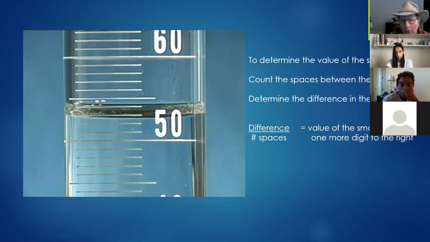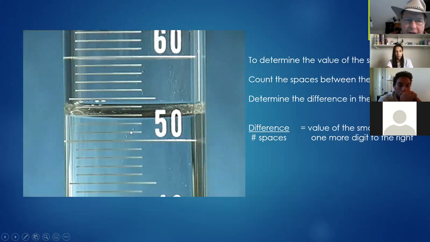Now, you have to be able to determine the known numbers and the one that you estimate. All right? The way you do that, you take the smallest numbers that are marked on your instrument, and you choose 2 of the lines that are marked, and you subtract them. So in this case, I'm going to subtract 60 and 50. That gives me 10.